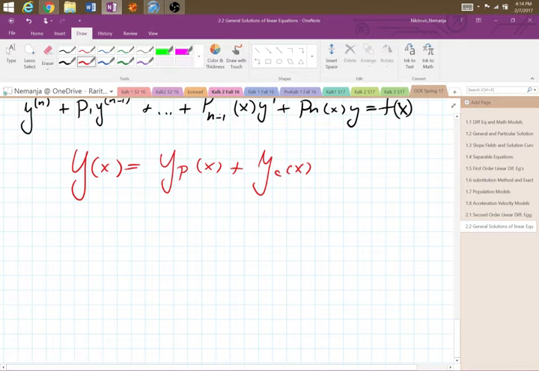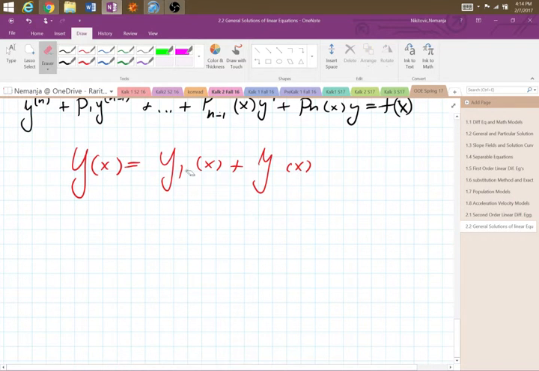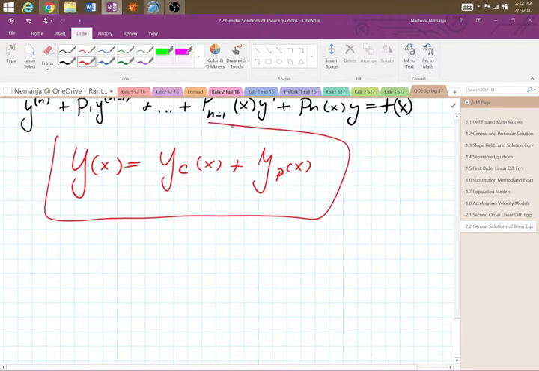So actually, complementary solution goes first. That's what we are used to. Complementary first and then particular later. I'm going to box this because this is how your solutions are going to look. You will solve the differential equation ignoring the driving term first.